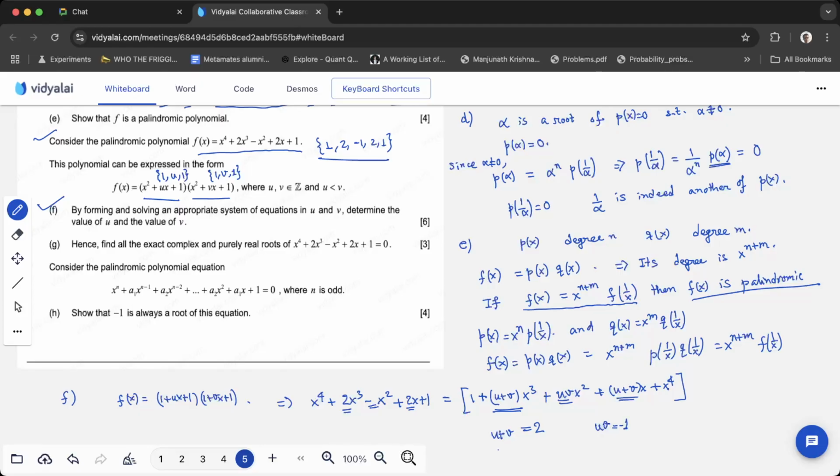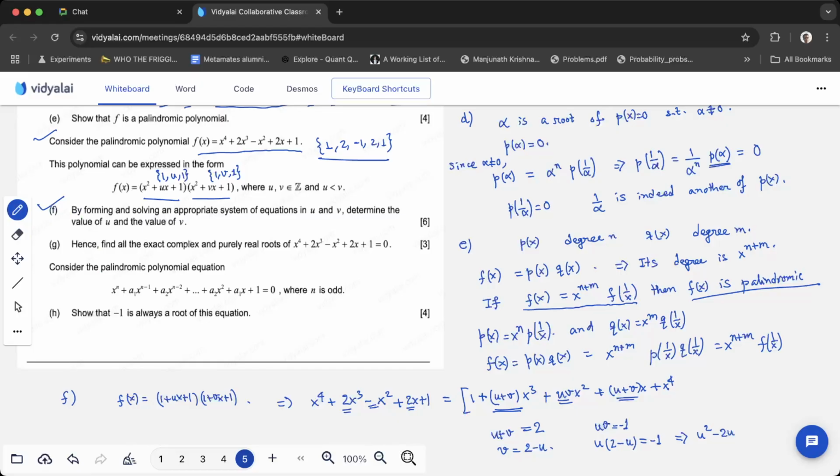So here we can substitute v equals 2 minus u. If we substitute that in the second equation, we get u times 2 minus u equals -1. So u squared minus 2u. So we have missed a term here.